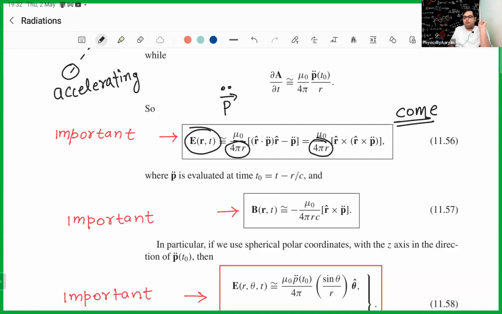The second thing that I want to point out is that it also depends upon the medium. It contains mu naught. If there is no medium, it will not contain mu naught. Another interesting fact is that it contains the dipole moment.